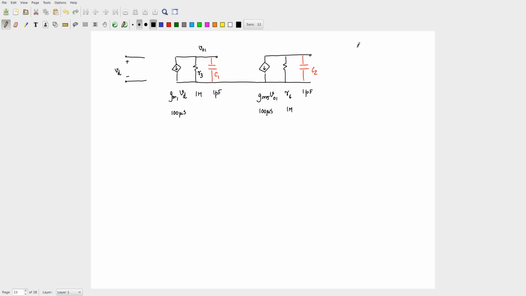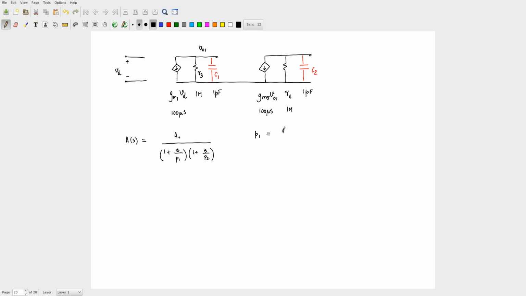Can you tell me what is your transfer function for this whole thing? We worked it out that day. A of S was A naught divided by (1 plus S by P1) into (1 plus S by P2), correct? And what were P1 and P2?